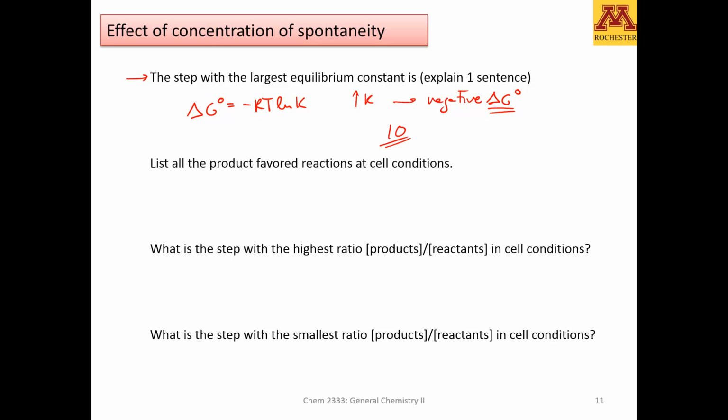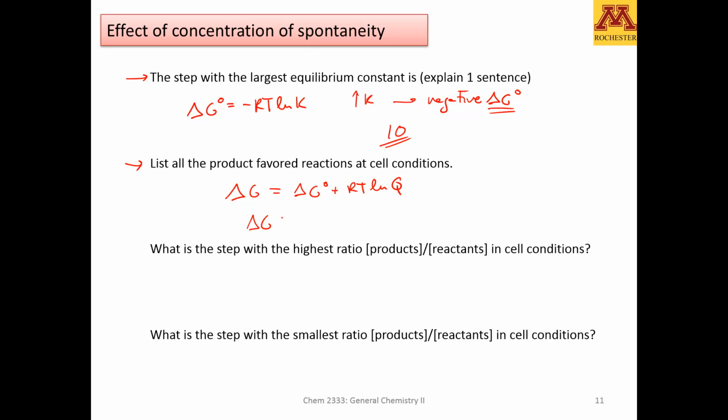Notice that in the cell, however, to keep things moving, none of the reactions are in equilibrium, and this is why the cell can afford to keep concentrations outside of equilibrium, so that it's in its own interest. So now let's list all the product-favored reactions at cell conditions. At cell conditions, your delta G, the non-standard delta G, has to be negative.